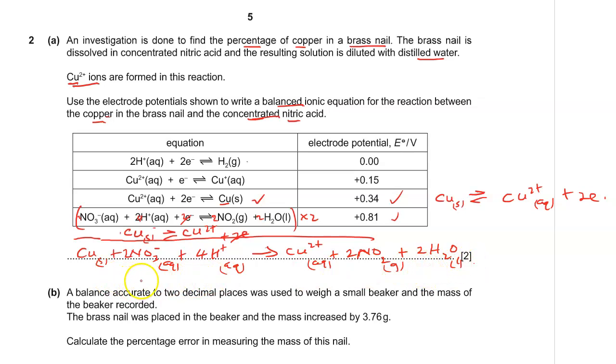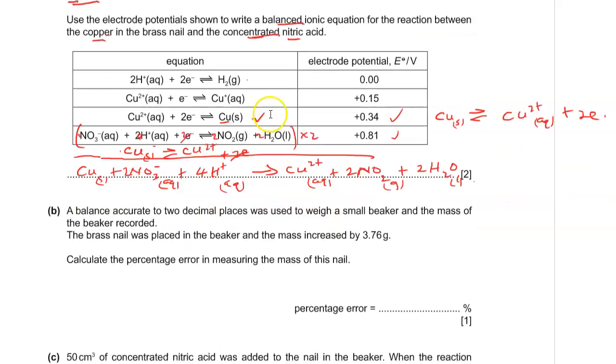Yeah, I think that is the equation that we need to write. Use the electrode potentials to write a balanced equation between copper and nitric acid. There you are.